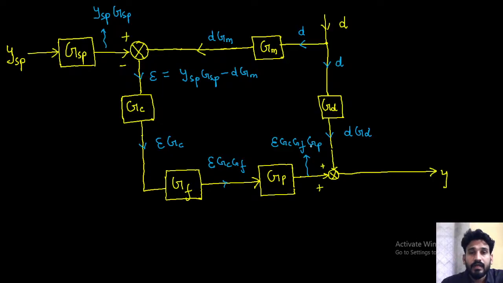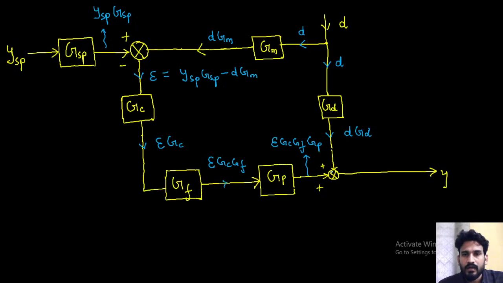Okay, good. Now just to make the equations here. So I can say that by adding this signal and this signal, I am generating my output Y. So I'll start from here, E GC GF GP, and I add the D GD, is equal to Y. This is the output.